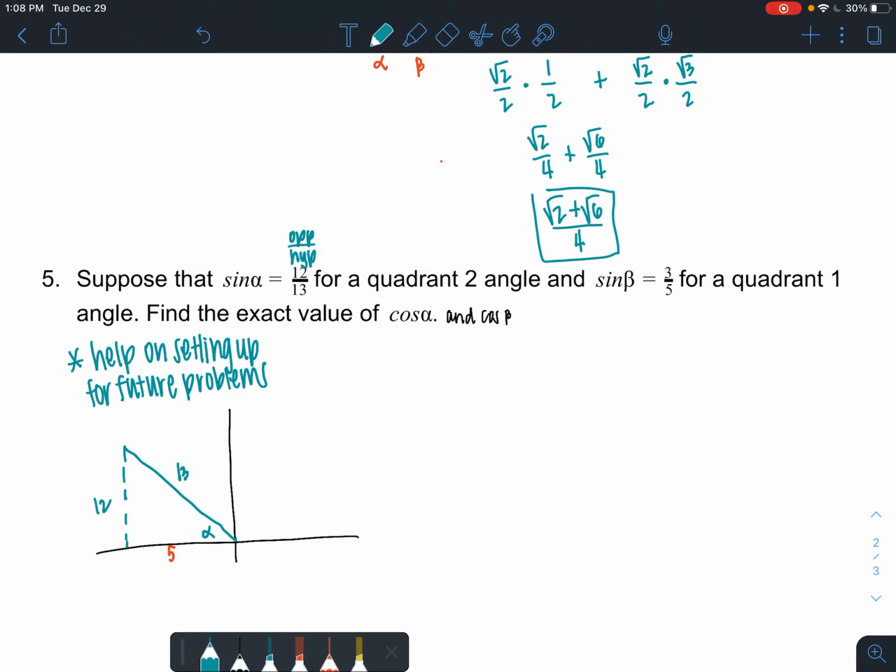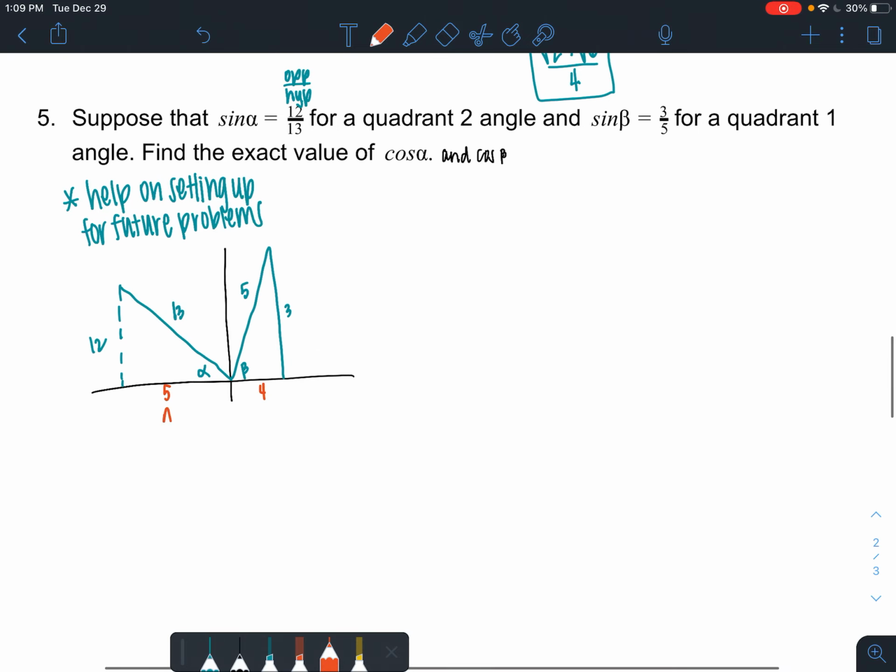Then beta is in the first quadrant. Let's make it slightly different. Here's beta, and it's 3 over 5, so opposite over hypotenuse. And we know that this final side is 4.